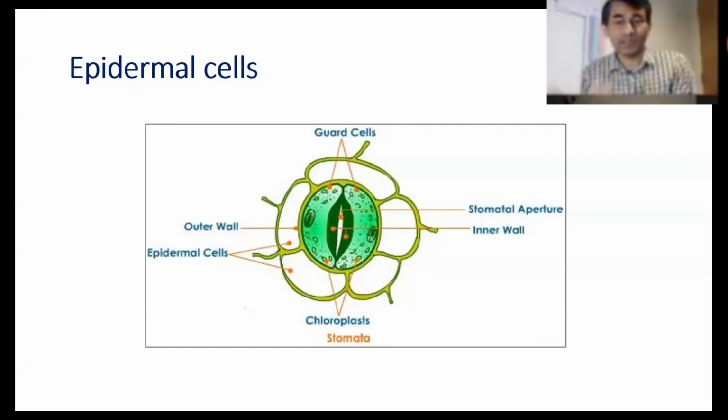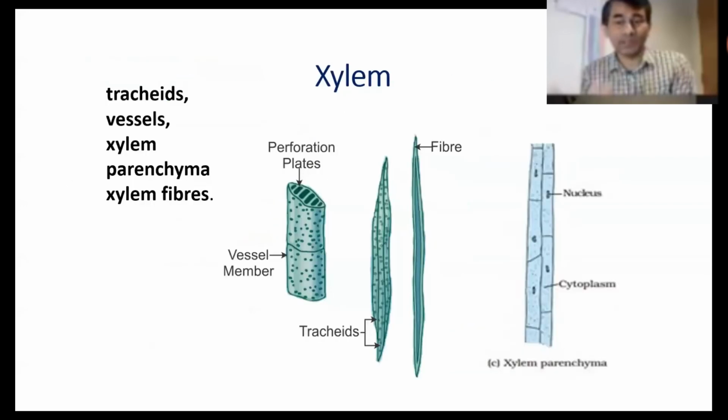This is again a simple permanent cell layer because it is made up of the same kind of cells, and the cells cannot divide, so they are permanent, not meristematic.